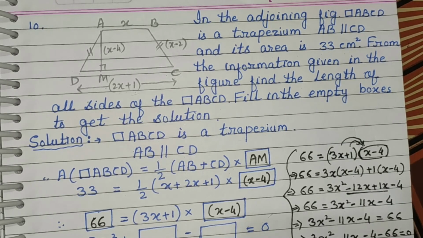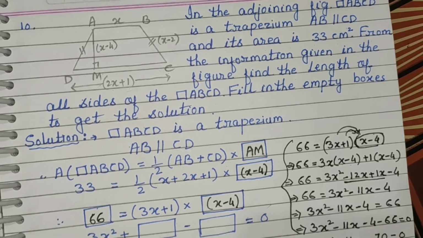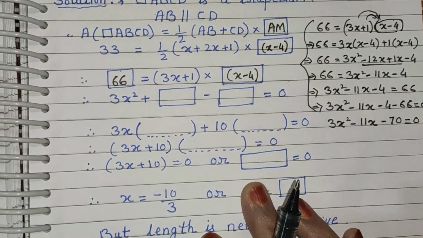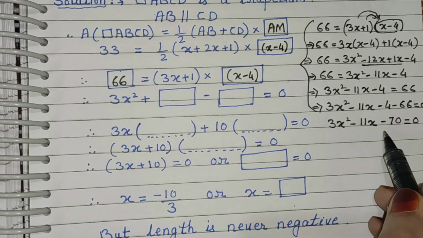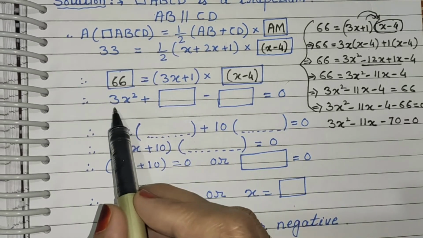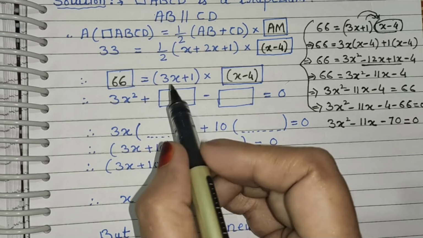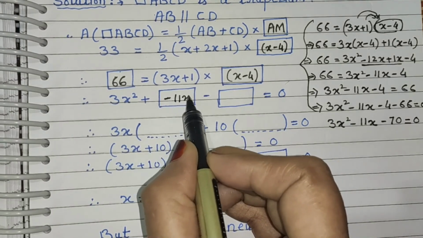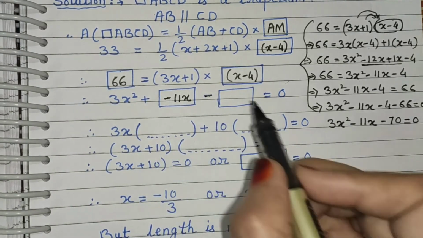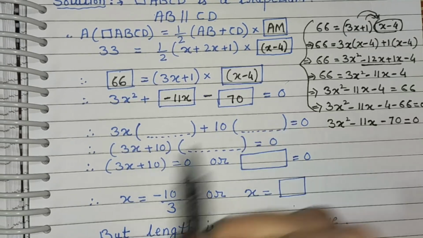Therefore, minus 4 minus 66 we get minus 70 equal to 0. Now here the quadratic equation is 3x square minus 11x minus 70. Now write down here 3x square minus 11x. Now here minus sign is given, minus 70 is equal to 0.